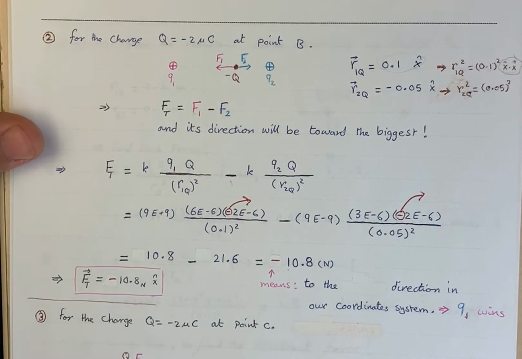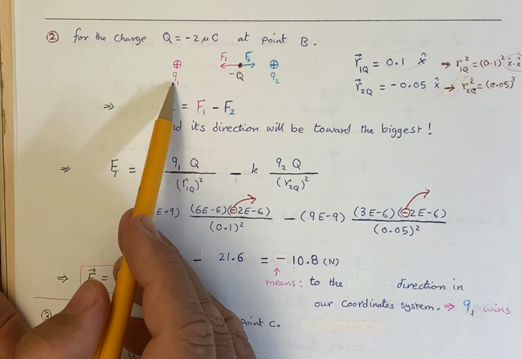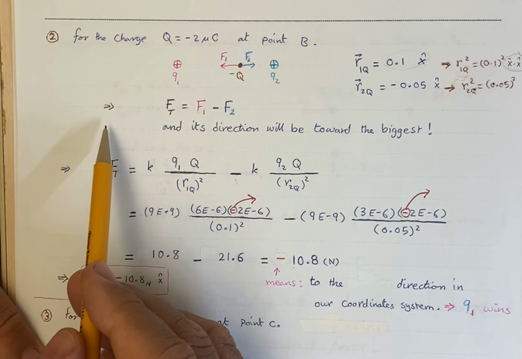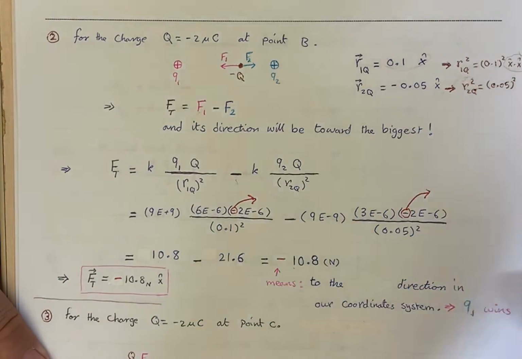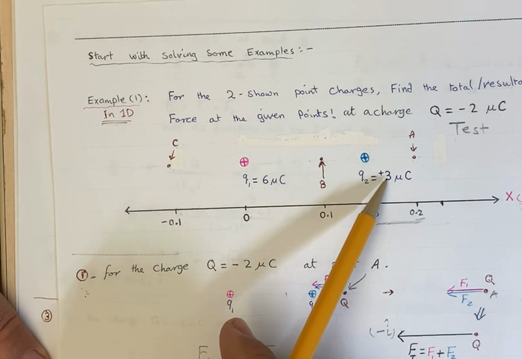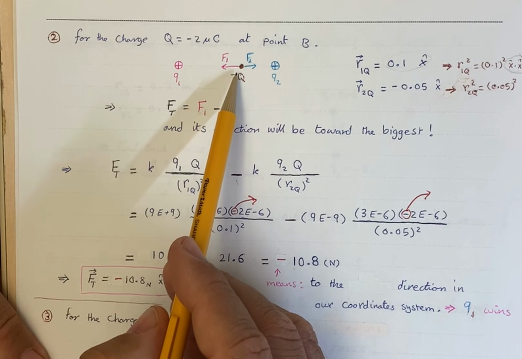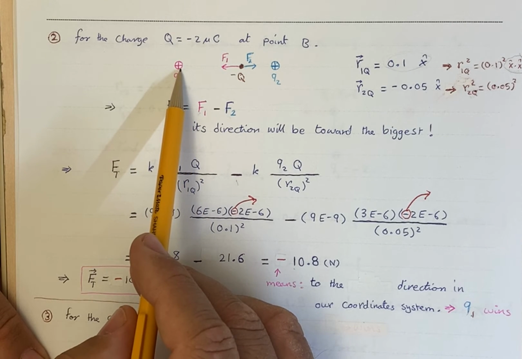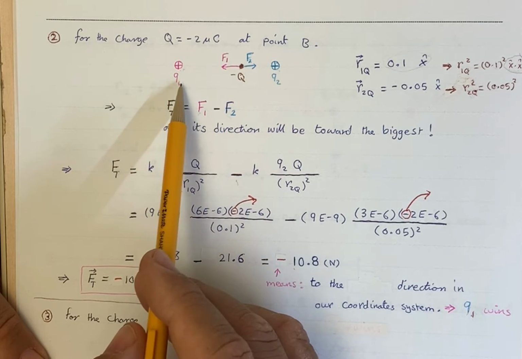What if we need to compute this at point B here? So we have Q1, which has the same charge magnitude, and we have Q2 too. Remember that Q1 is 6 micro, Q2 is 3 micro, and the test charge is negative 2 micro. The test charge now is at point B, which is 10 centimeters from the origin and 5 centimeters to the left of Q2.